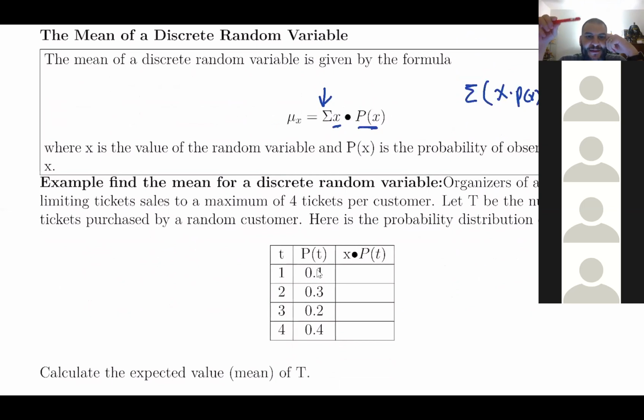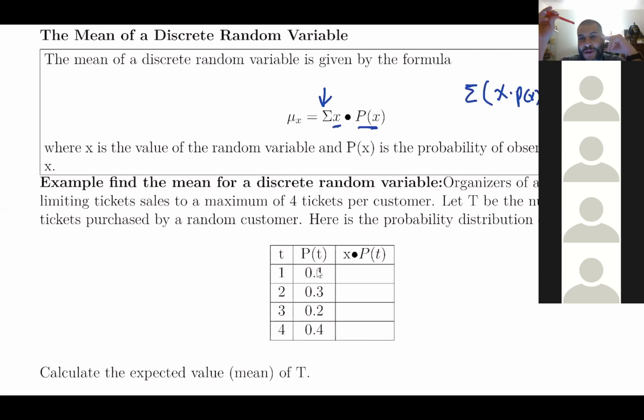So it says example: find the mean for a discrete random variable. The organizers of a concert are limiting tickets sold to a maximum of 4 tickets per customer. Let T be the number of tickets purchased by a random customer.